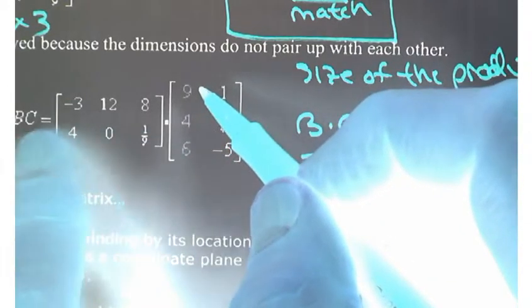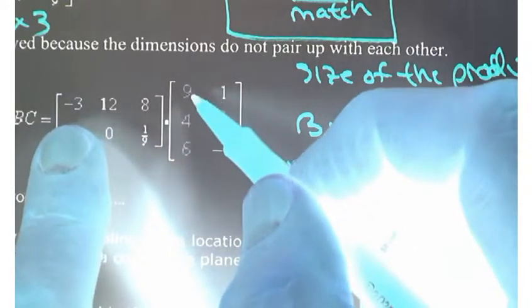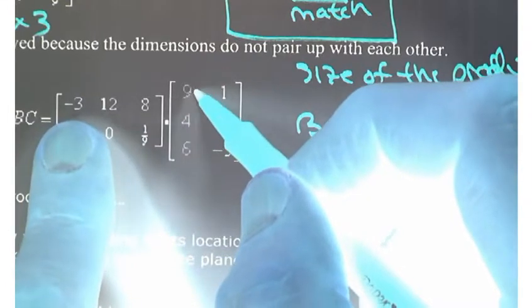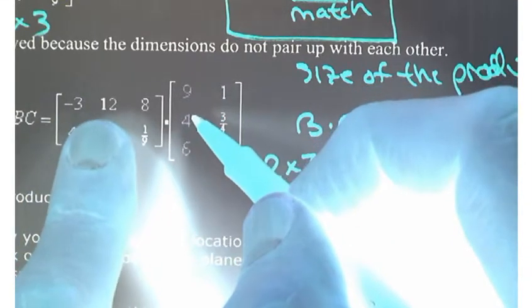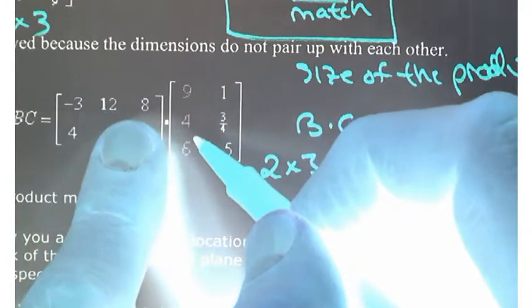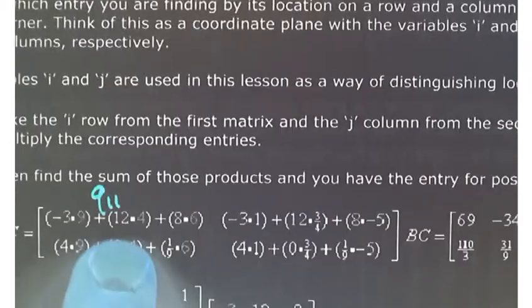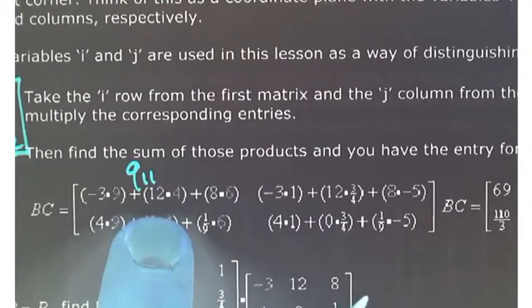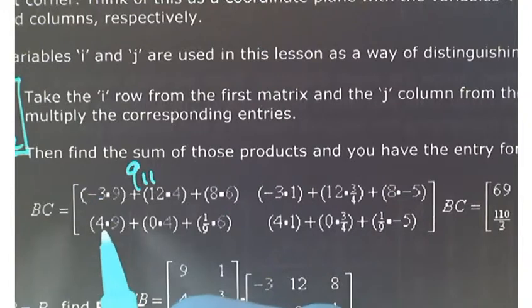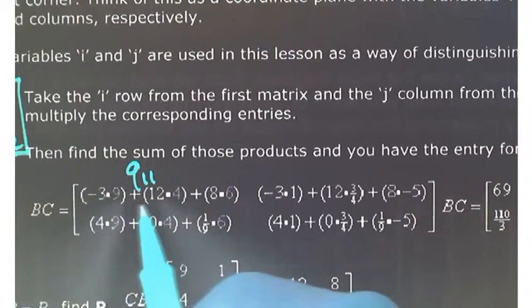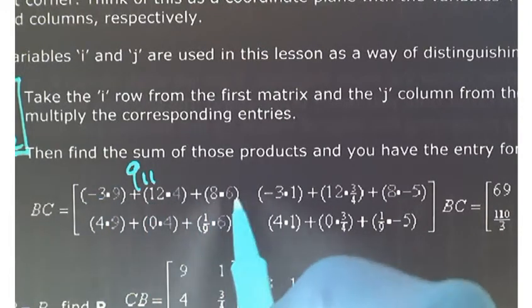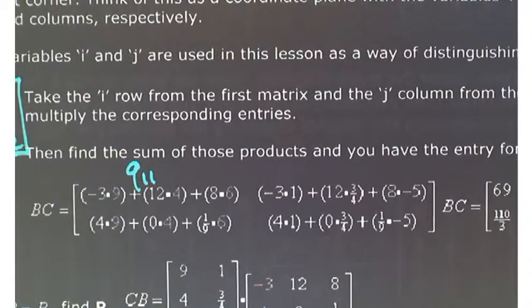Here's your row for B. Here's your column for C. It's going to be negative 3 times 9 plus 12 times 4 plus 8 times 6. And all that's written right here, that's our Q11. So it's exactly what we just did. Negative 3 times 9 plus 12 times 4 plus 8 times 6. And let's just leave that there for a moment. We'll do the arithmetic later.